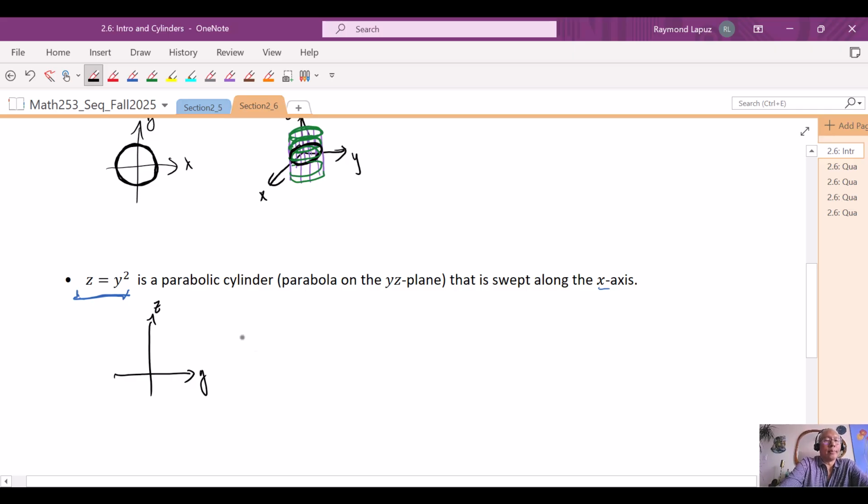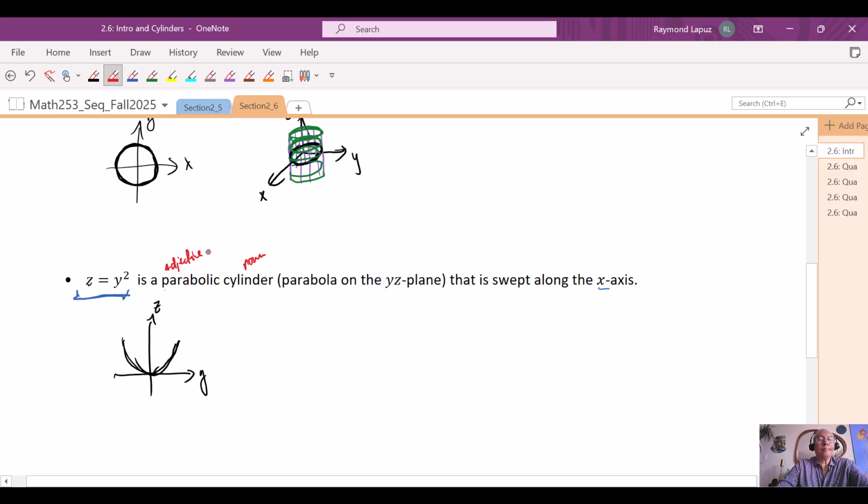And this is a parabola going up along the z-axis. But since the x is missing, I want to call this a cylinder. So the noun again is a cylinder. And then the trace, the main curve, is a parabola. So I would call it a parabolic cylinder. So this is your adjective.